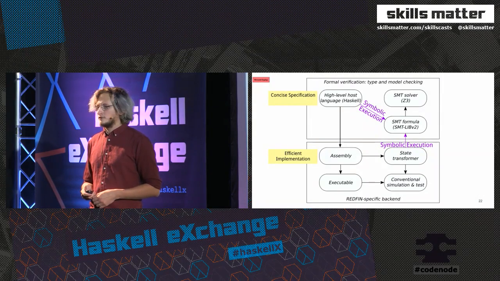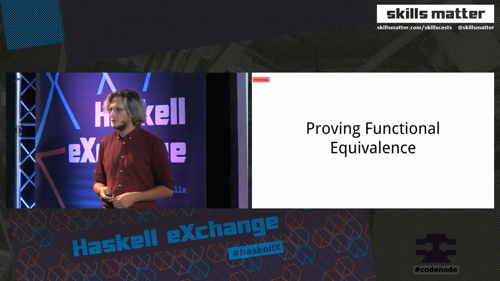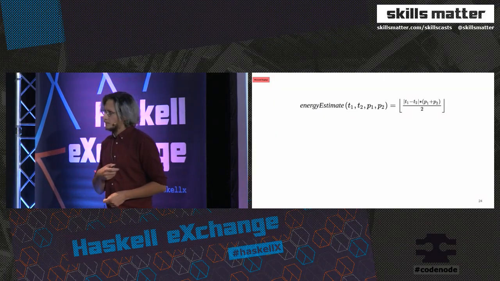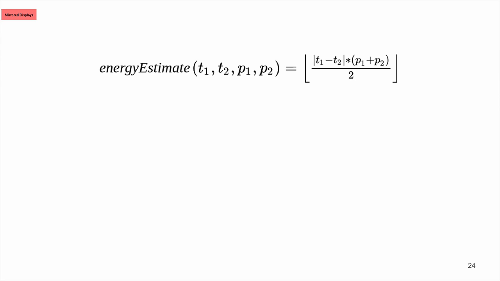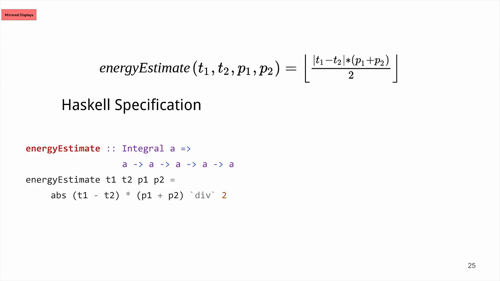Right, so let's take a look at the equivalence example. We would like to take this basic energy estimation formula and transfer it down to Haskell in this straightforward way. So we just take the values, sum them up, multiply by the absolute difference of the time points, and divide by 2.